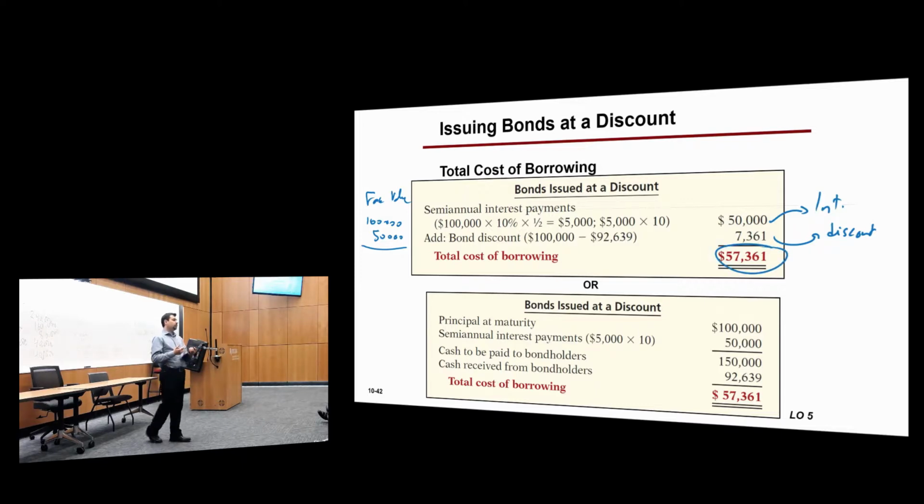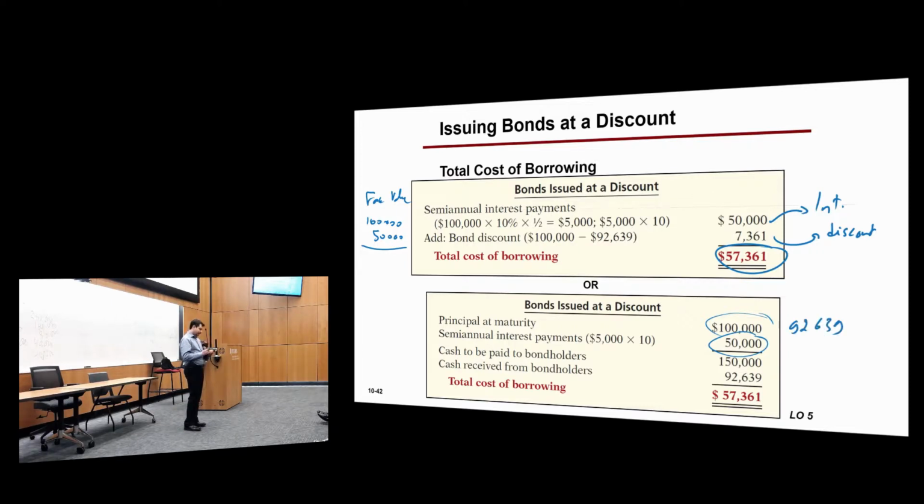Another way of thinking about it is this. This is the amount that the company will have to pay back, and the company will also have to pay back the interest. Okay? How much did the company actually receive? It was 92,639. So the company received 92,639.